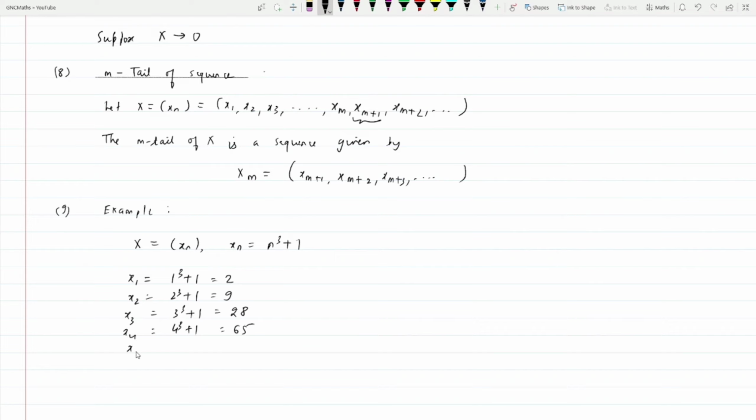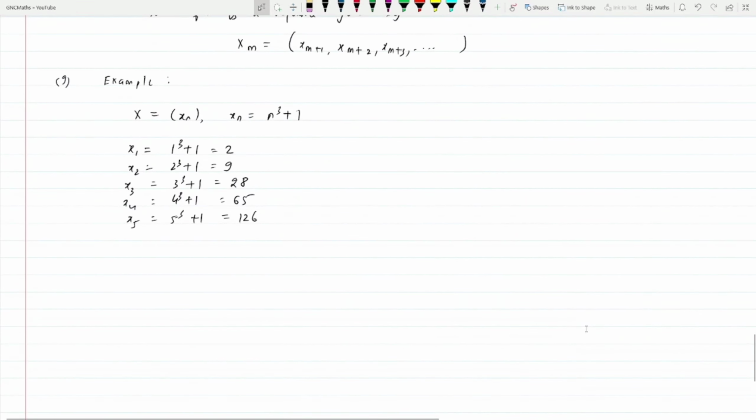And x5 is 5 cube plus 1, which is 126. Of course, the sequence doesn't stop here. So I can rewrite my sequence x explicitly as 2, 9, 28, 65, 126 and so on.